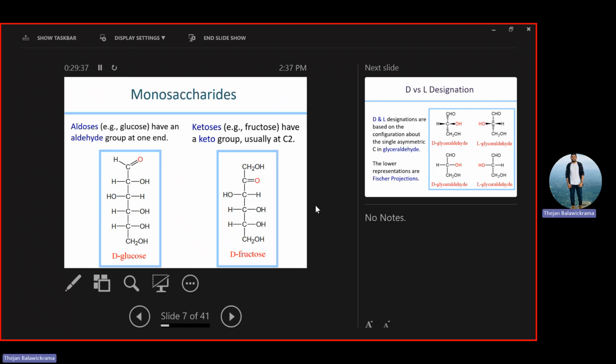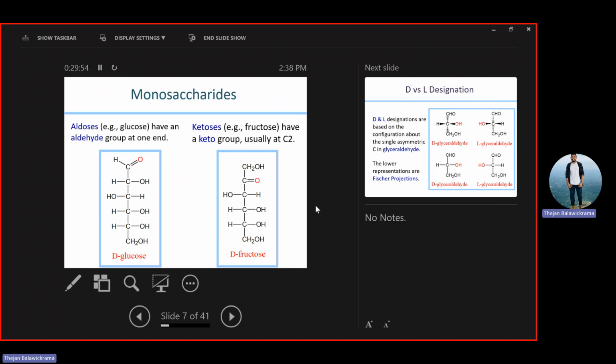chiral carbon is a carbon atom with 4 different groups around. Let's say A, B, C, D. So A can't be equal to B, can't be equal to C, can't be equal to D. Right? So A, B, C, D, they are not elements.